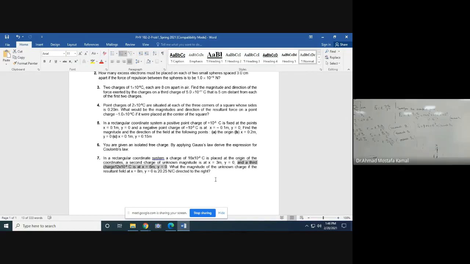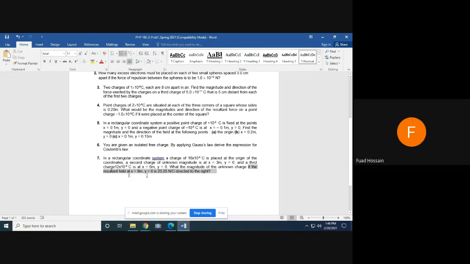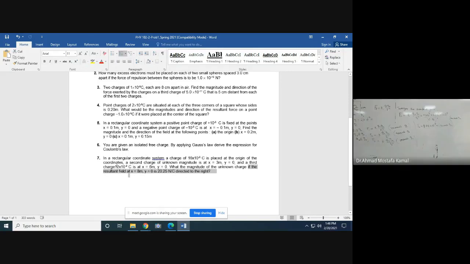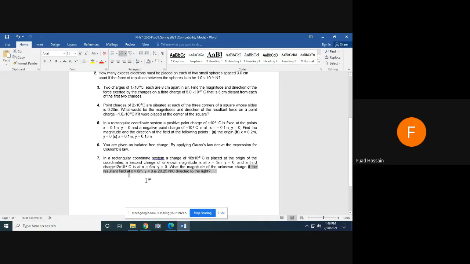Yes sir. Okay, so you have got the three charges. Now you have to find out the unknown charge, which means Q2, but it is given that if the resultant field, electric field E. Sir, is this 12 or 1.2? This is 12 into 10 to the power minus 9. Okay sir.